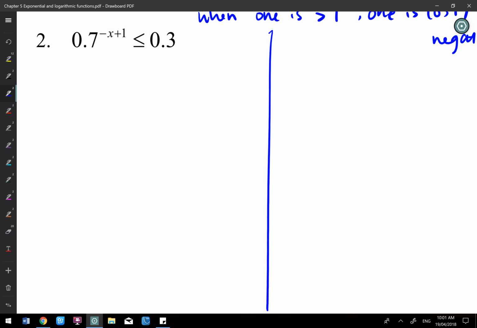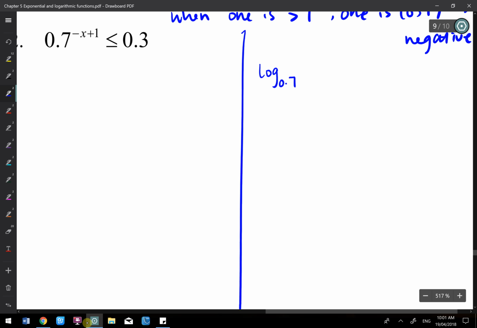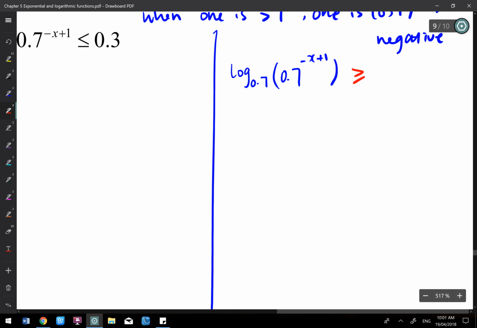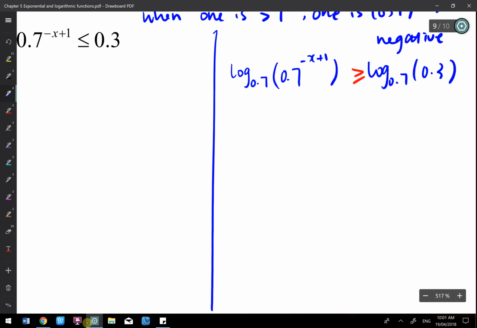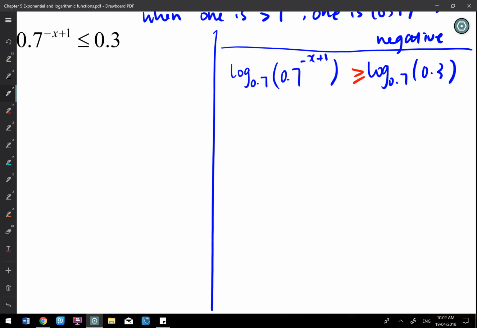If you can remember, what we should do is log base 0.7 of 0.7 to the power of minus x plus 1, greater than or equal to log base 0.7 of 0.3. The sign will flip when you choose a base not greater than 1.